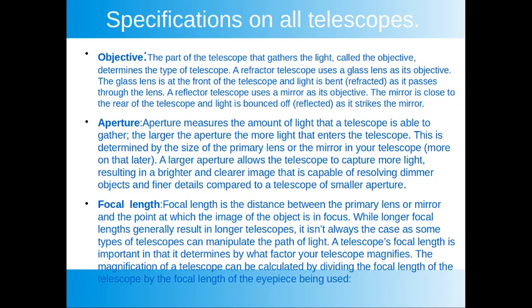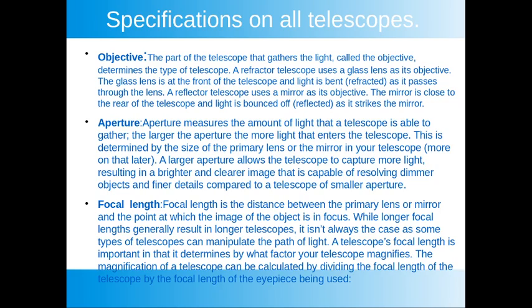So what are the specifications of almost all optical telescopes? Or what are the main things that we should know about these optical telescopes? First one, as we said, is the objective of a telescope. Here objective does not mean aim, but any part which collects or gathers light in a telescope.